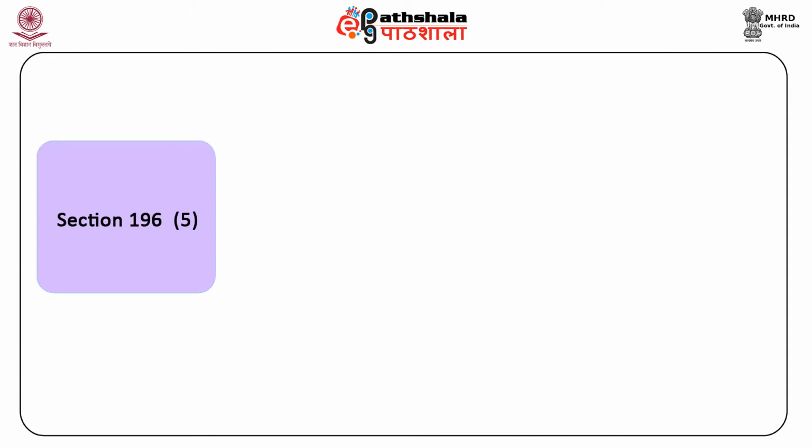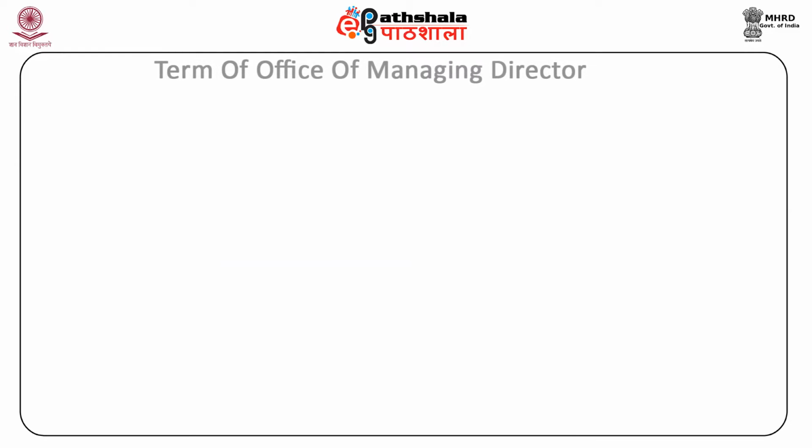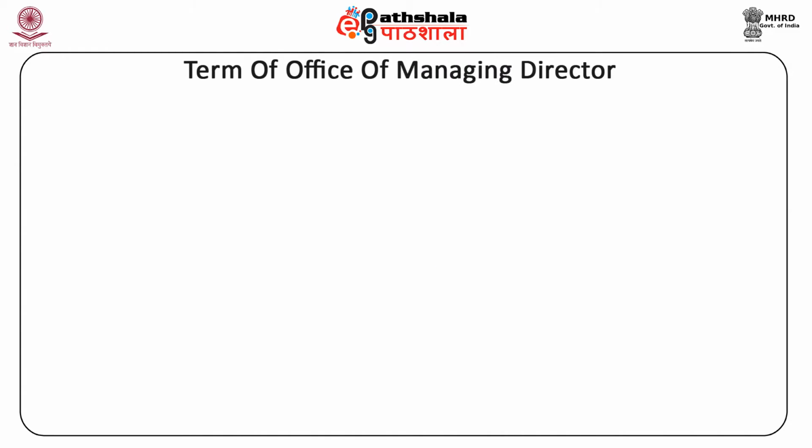Section 196, subsection 5 further provides that where an appointment of a managing director, whole-time director, or manager is not approved by the company at a general meeting, any act done by him before such approval shall not be deemed to be invalid. Term of office of managing director.